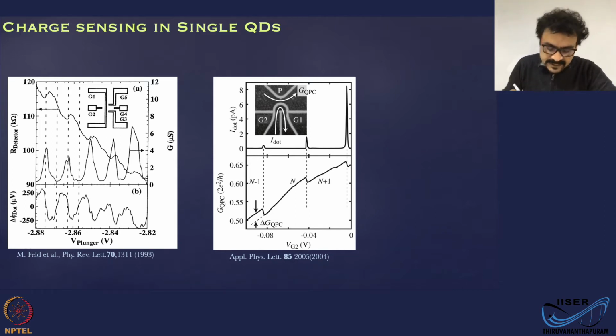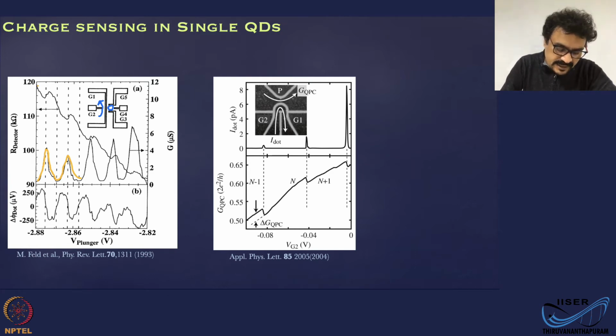What we have here is a gated quantum dot and a quantum point contact channel. And the Coulomb blockade oscillations in the quantum dot are shown here. These are the Coulomb blockade oscillations.